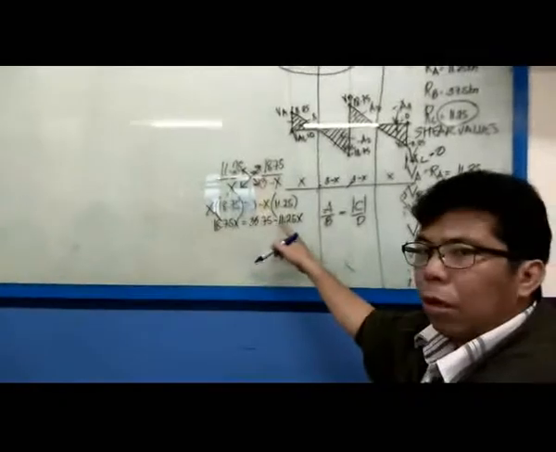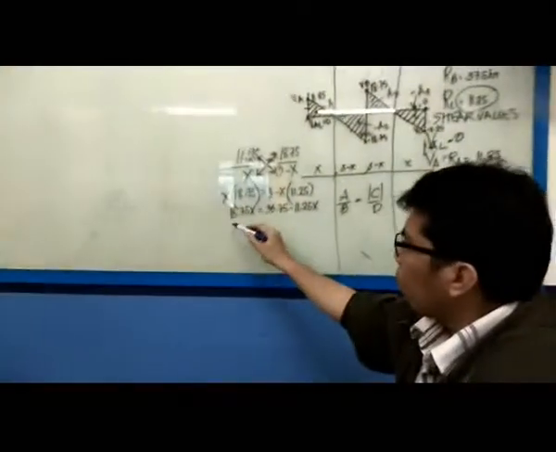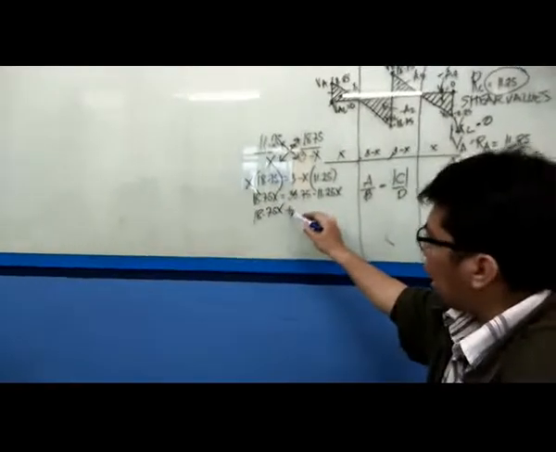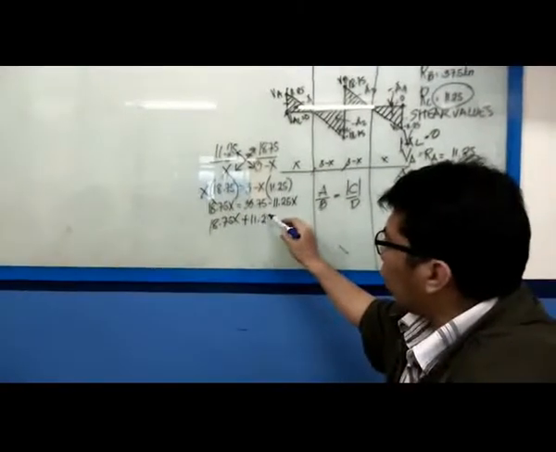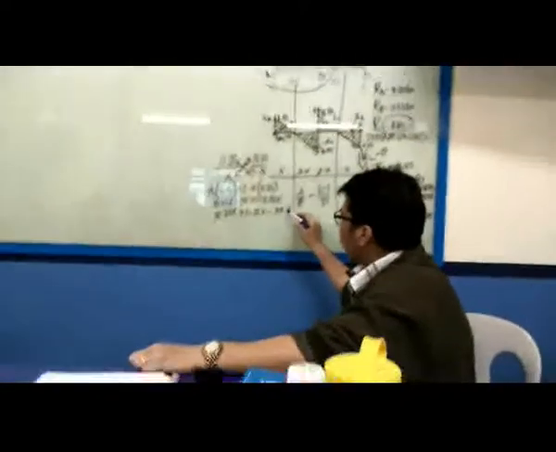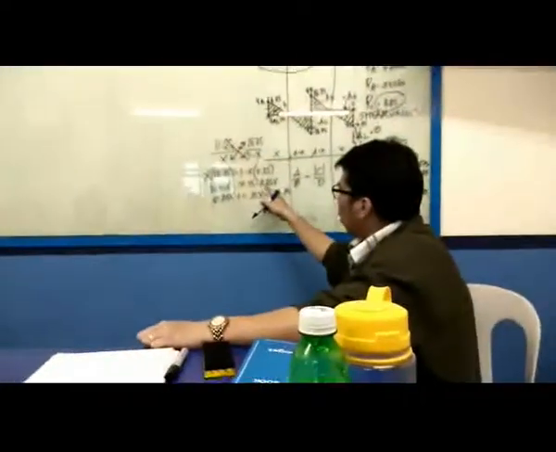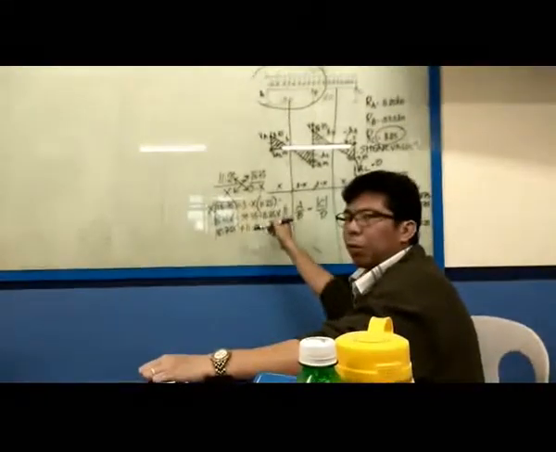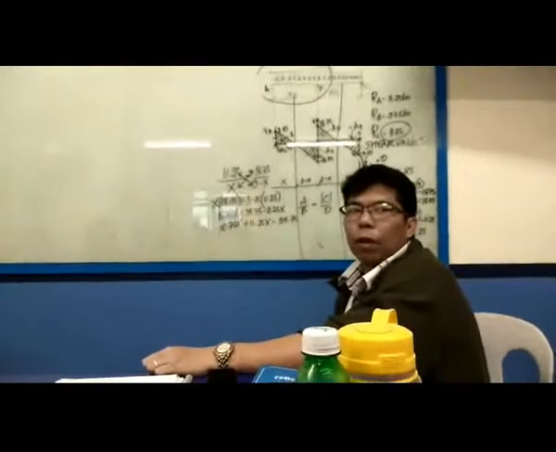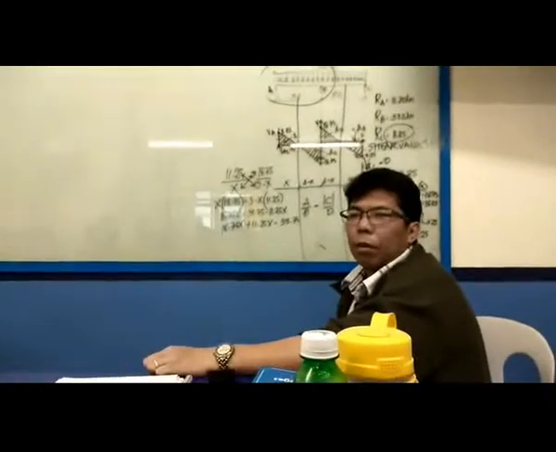So, ito, matatranspose. So, 18.75x plus 11.25x is equal to 33.75. Yung negative 11.25x, since tinranspose natin, magiging positive 11.25x na siya. Okay?